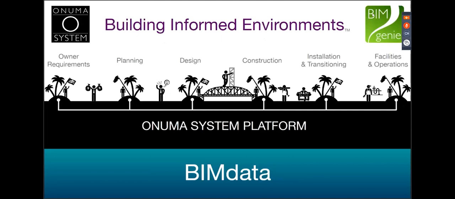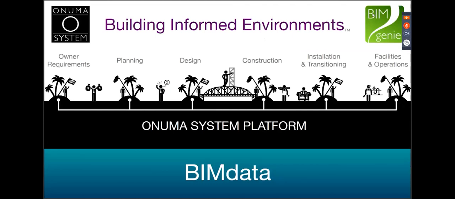So the overall strategy that we've been talking about from the beginning is about building informed environments. How do we make that happen? We make that happen by making the BIM data accessible across all the different parts of the life cycle and all the different tools, whether they're our own tools or other applications.